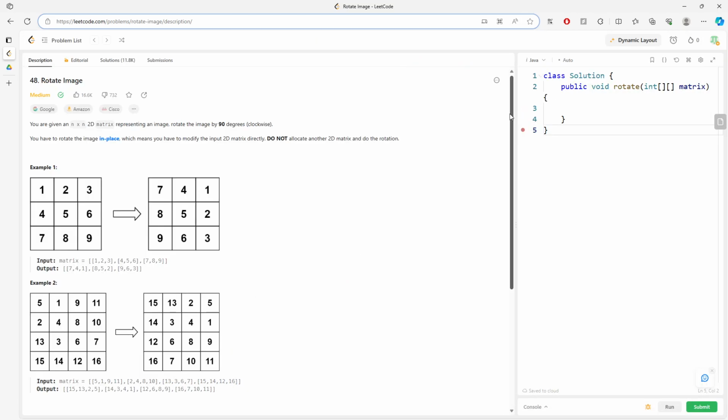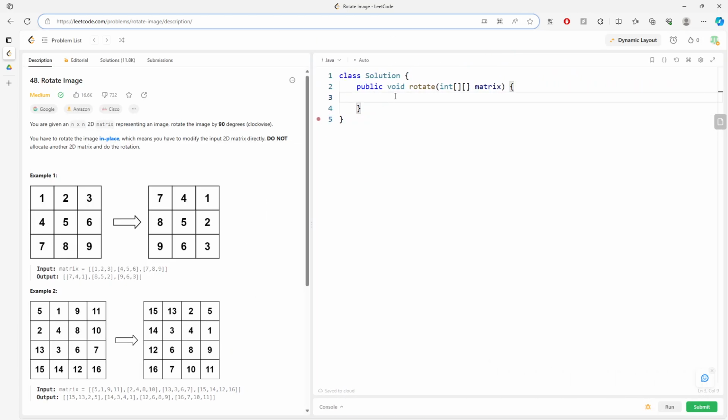So let's start writing. What you need to do is swap rows of the matrix, then swap the diagonal of the matrix. Then we just define the swap rows of the matrix.